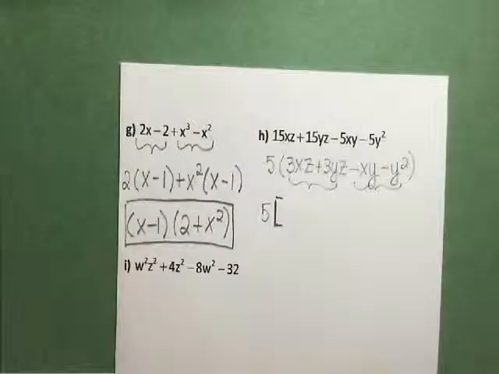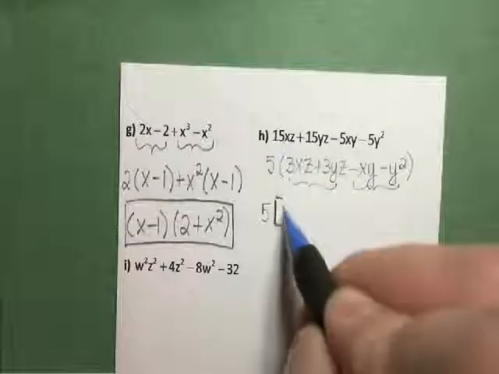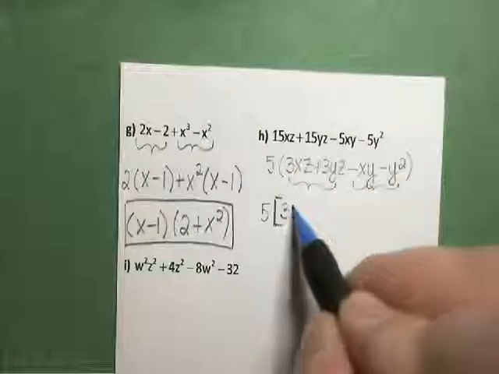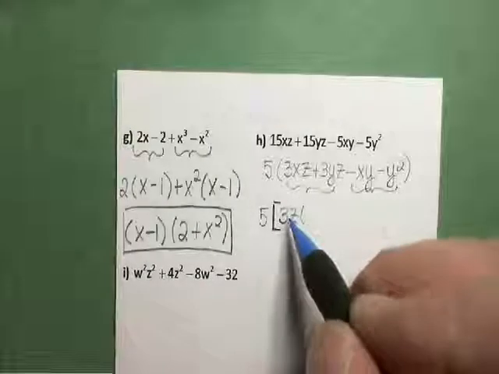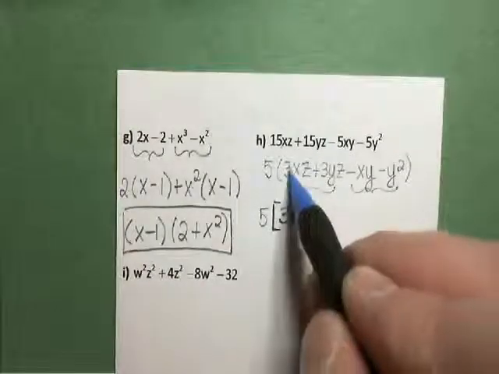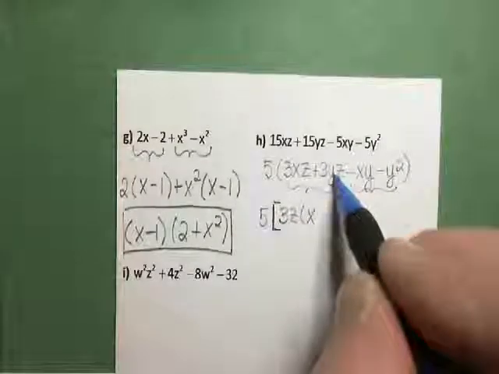So what can I factor? I can factor a 3 and also a z. If I factor out 3z, then 3xz divided by 3z is left with x. 3yz divided by 3z, I'm left with a y.